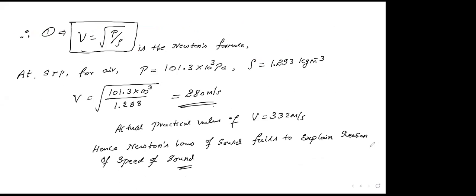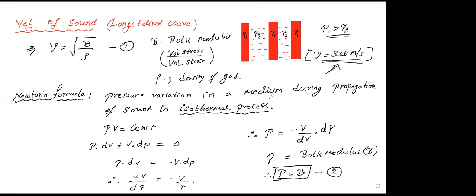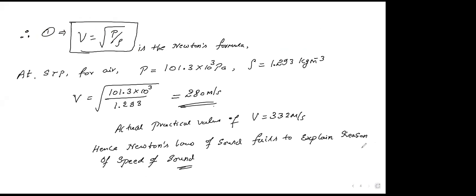The next one. See here, Newton fails to predict the exact value of the speed of sound because he assumed that the propagation of sound in a gas medium is isothermal, but actually it is wrong. It was corrected by one more scientist called Laplace.